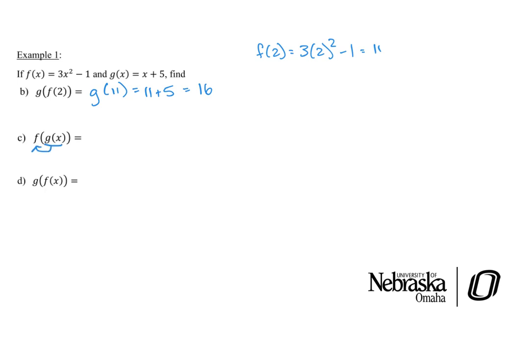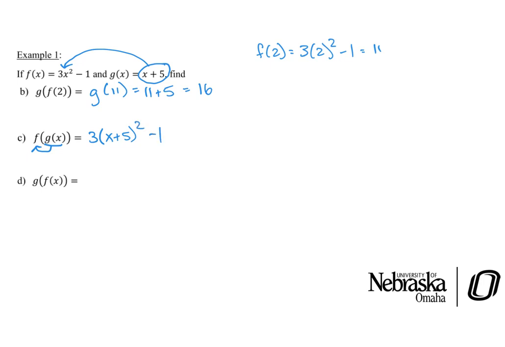So in the function f, instead of just f of x, we are plugging in all of g of x. So for this one, we're plugging all of g of x in where the x is in the function f. So instead of 3 times x squared, instead of x, we're plugging in x plus 5.